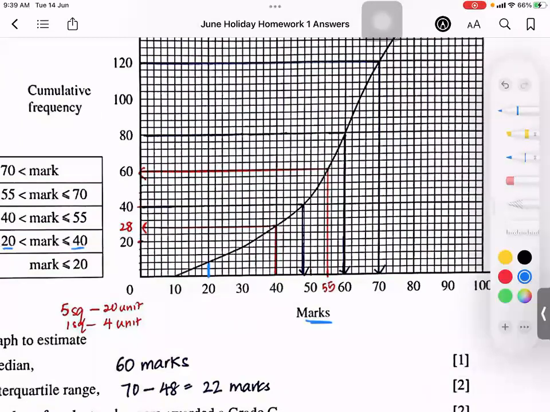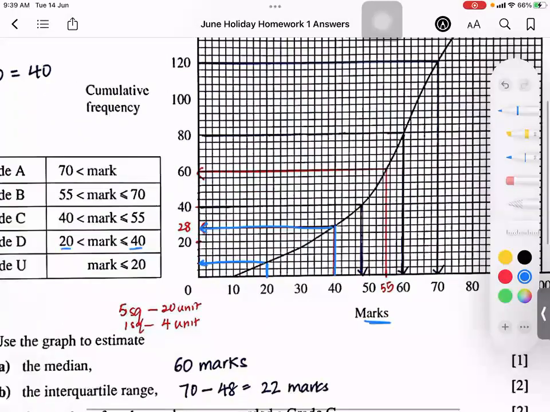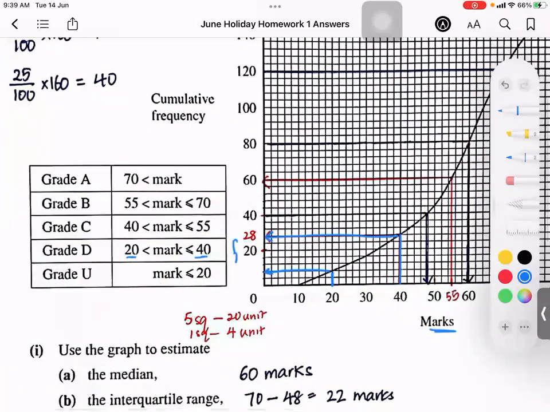Between 20 marks to 40 marks. If I want to know how many people scored this grade, the number is in between the two tail ends. We need to do a subtraction to find the numbers in between the tail ends. So that's what it tries to tell you for the different grades.